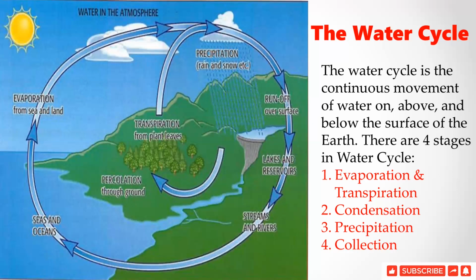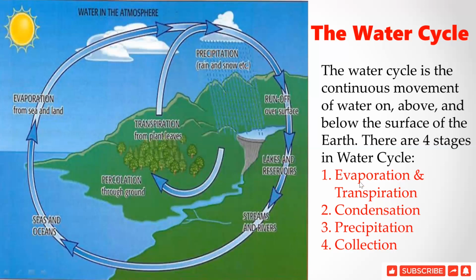So again it goes as transpiration into the atmosphere, and the lakes and reservoirs always take this water to the sea and ocean, from where evaporation is happening, and this cycle is continuously going on and on.